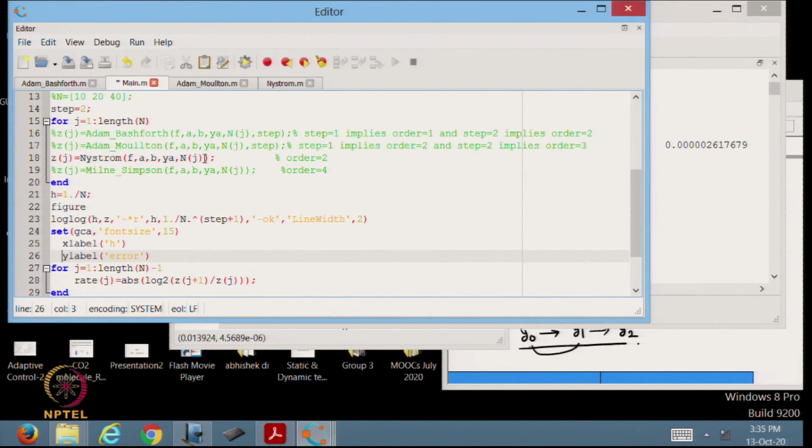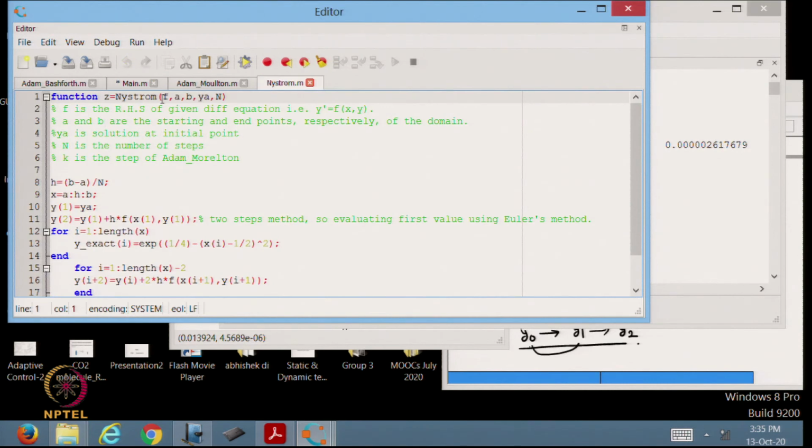We are working with just leapfrog, that is why that argument, step, is missing here, intentionally. Now, the function name is Nystrom, and the function prototype is in front of you. The meaning of all the arguments is the same except step, which is not here, and I have explained the reason just now.